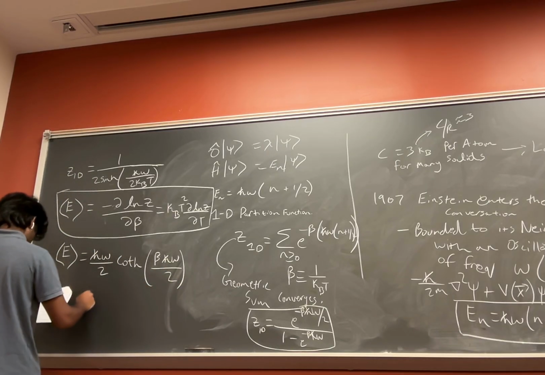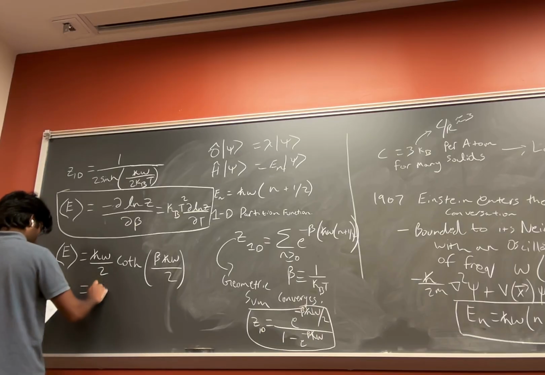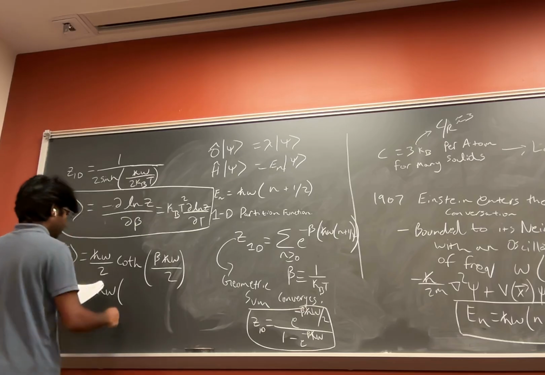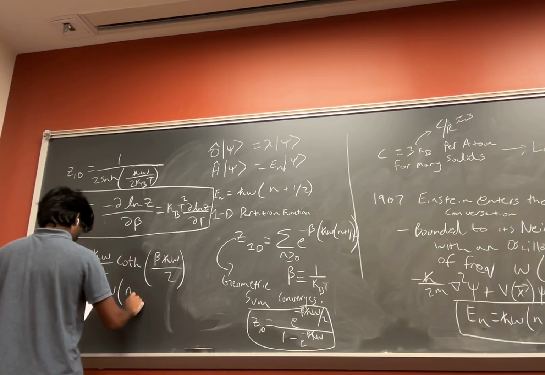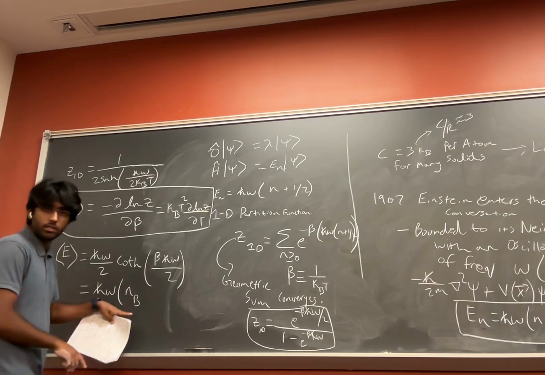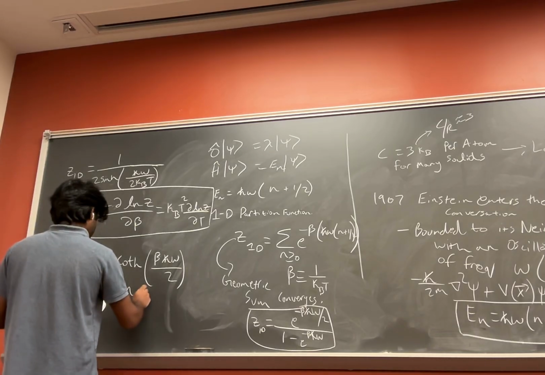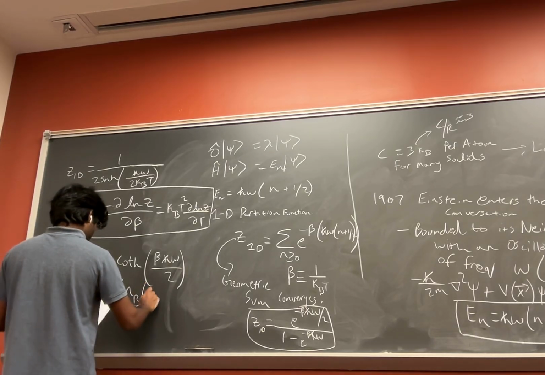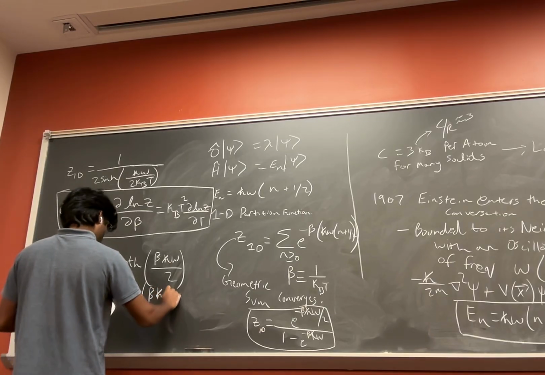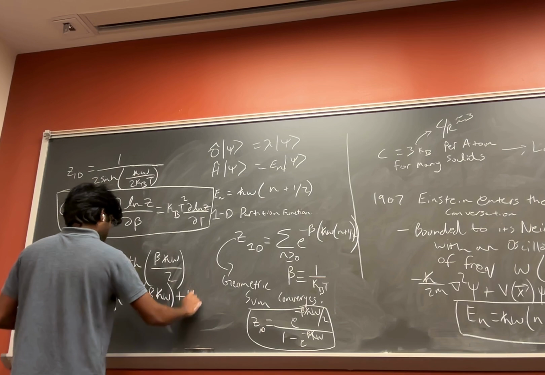And this is just equal to h bar omega times NB, I'll tell you what NB is in just a second, NB evaluated at beta h bar omega, plus 1/2.